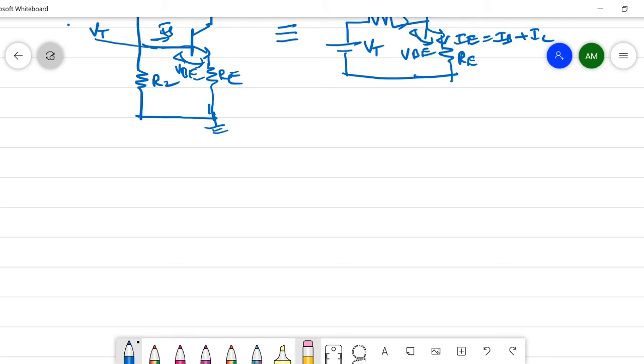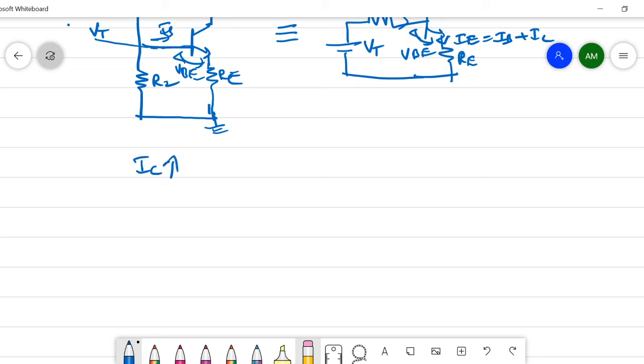Next, if IC tends to increase in the circuit due to temperature changes, or because the transistor is replaced with another one, that is, if IC tends to increase due to an increase in ICO with temperature, the current in RE is increased.